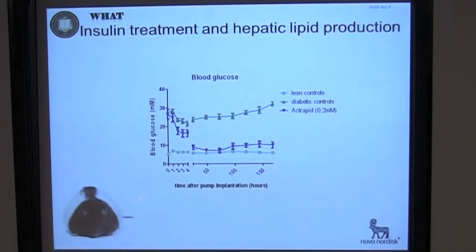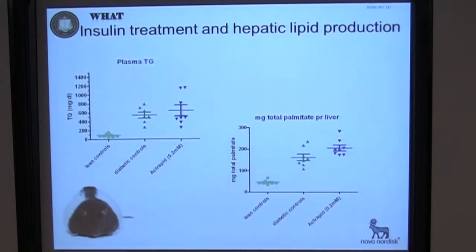And down here, the light green line is the lean control animals, they're normal glycemic, and up here are the diabetic animals, which were grossly hyperglycemic by the beginning of the study. But when I started treating them with insulin, their glucose levels went down relatively fast to the normal glycemic level.